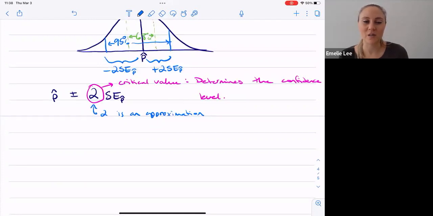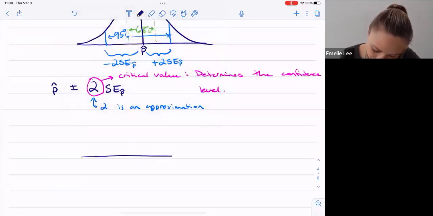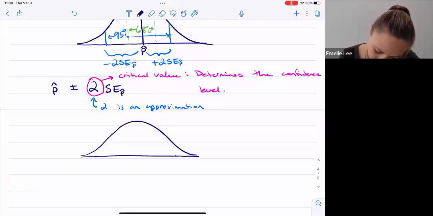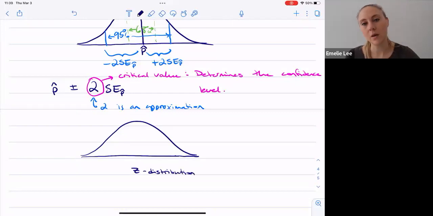And so what I want to do is look at a normal distribution, a Z distribution, because Z scores are the number of standard deviations I am from the mean, and the standard deviation in this case has morphed into the standard error.